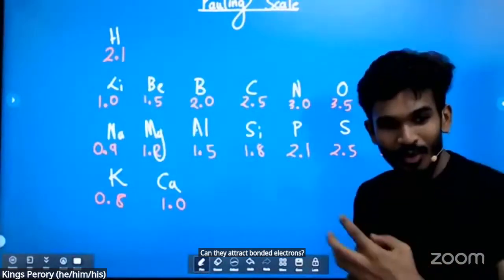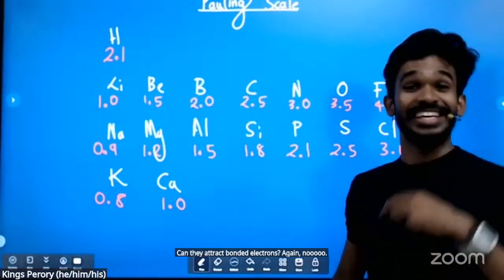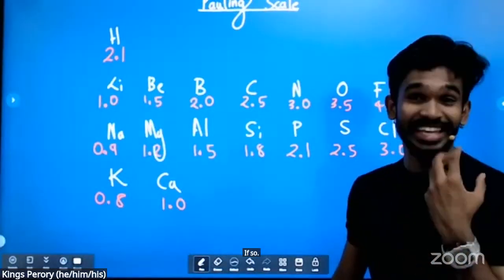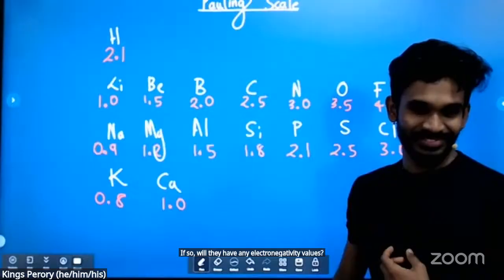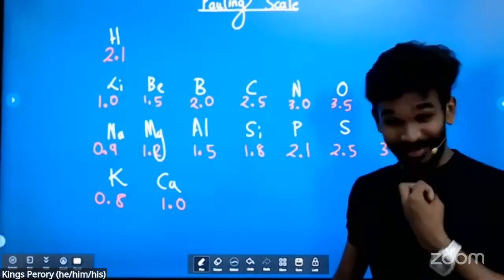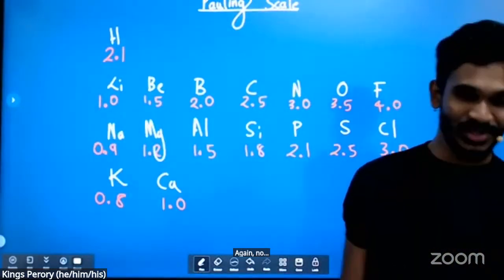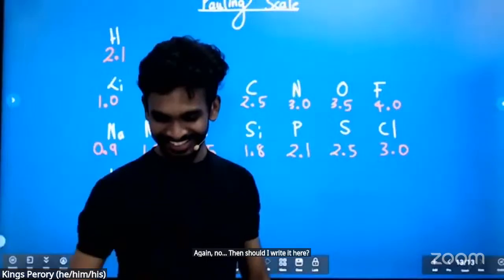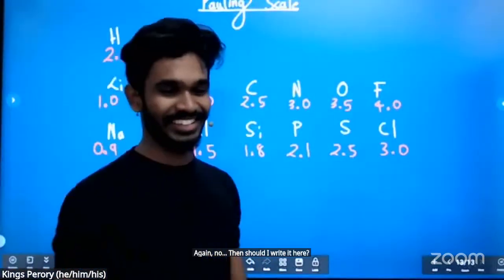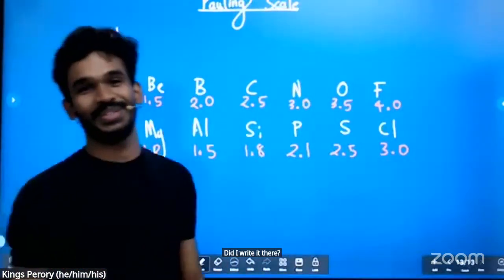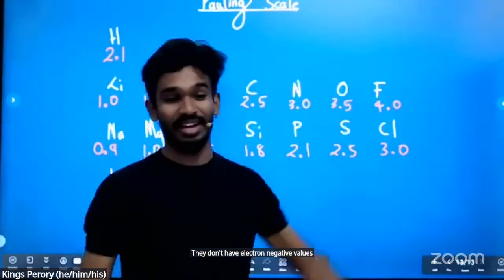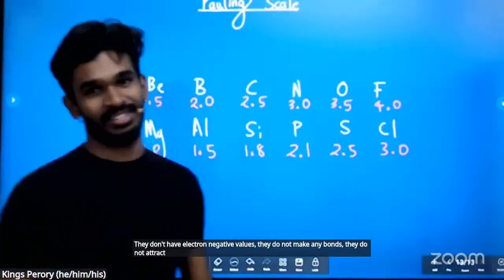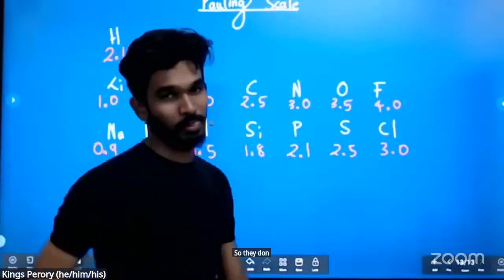Again, no. If so, will they have any electronegativity values? Again, no. Then should I write it here? No need. They don't have electronegativity values. They do not make any bonds. They do not attract any bonded electrons. So they don't have any values.